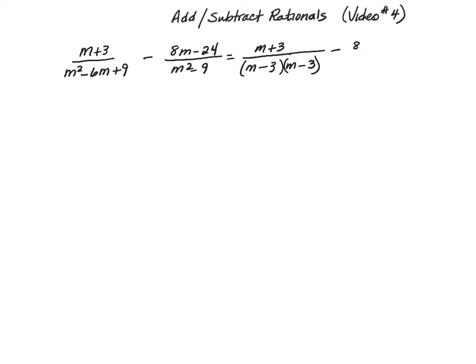So I'm going to take that 8 out, and that will leave me factors of 8 and m minus 3, because 8 times m is 8m, and 8 times negative 3 gives me our 24. In the denominator, we have m squared minus 9. You should recognize that as being the sum and the difference of two squares. So you're going to say m minus 3 and m plus 3.